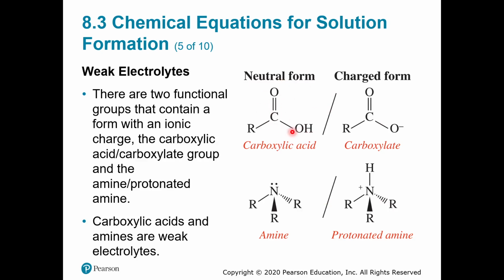So this is carboxylic acid, and this is carboxylate. Okay, notice this is the neutral form here. And then you lose an H+, and it gives you the carboxylate right here, which is the charged form. Okay. This one right here is the amine. You put it in something like water, it takes on an H+, and this gives you the protonated amine.